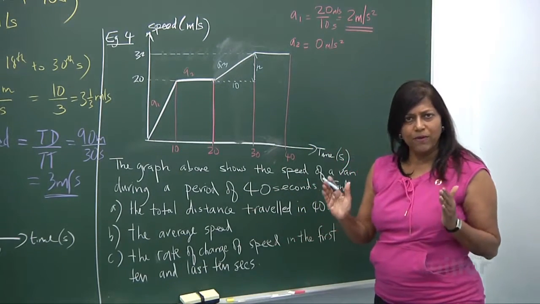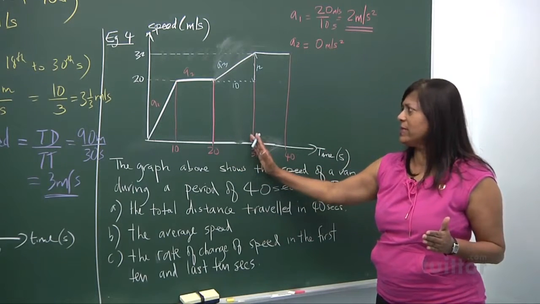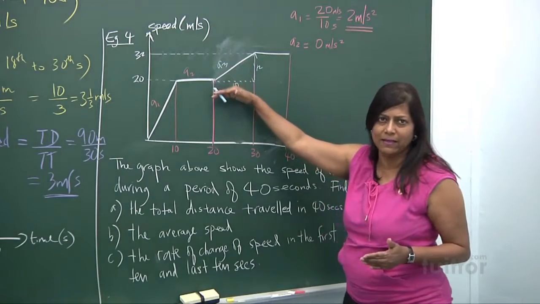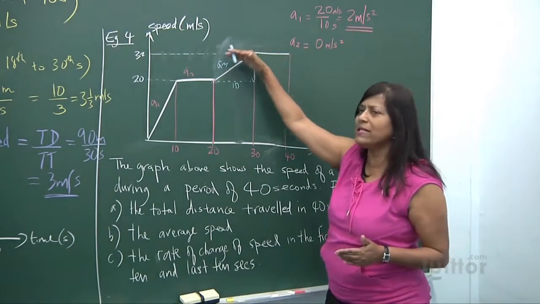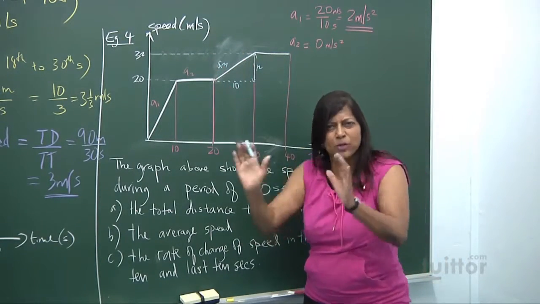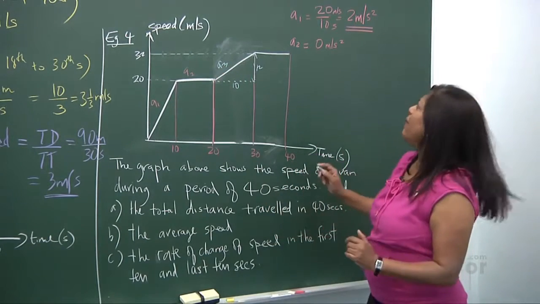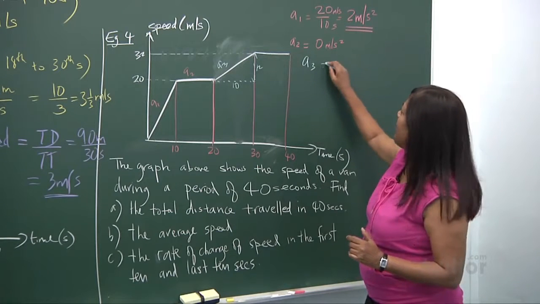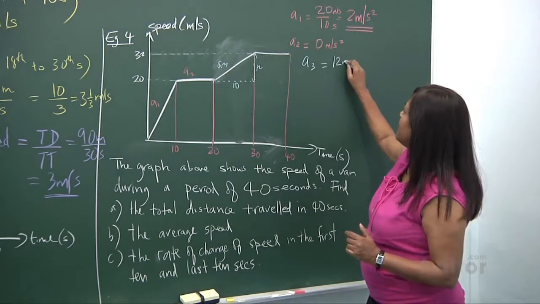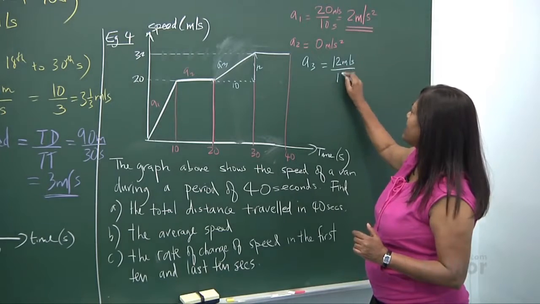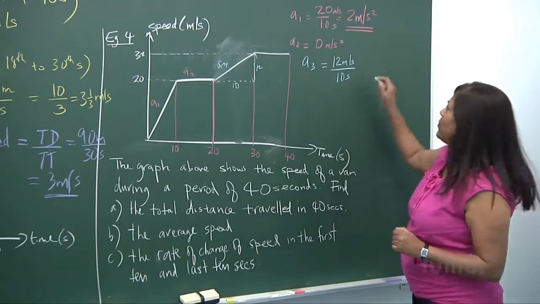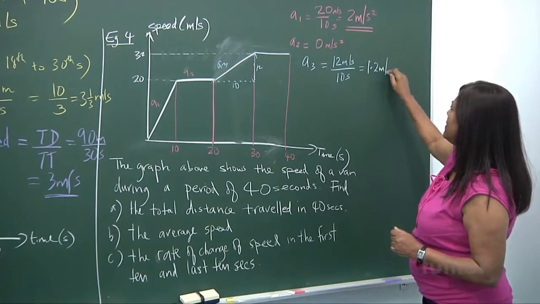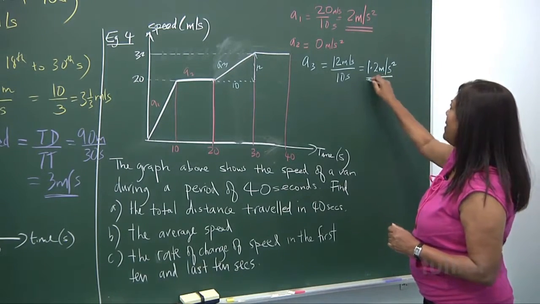Over a period of 10 seconds from 20 to 30, the speed from 20 meters per second became 32 meters per second. Something pushing it, speed up. So what is A3? The jump is about 12 meters per second over 10 seconds. That would give us an acceleration of 1.2 meters per second squared.